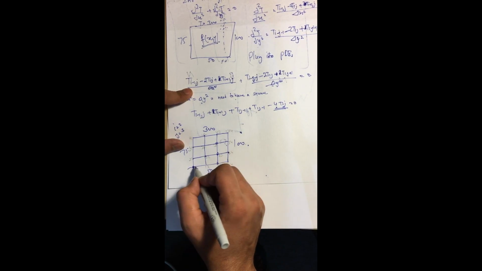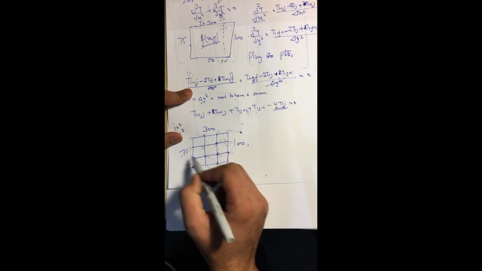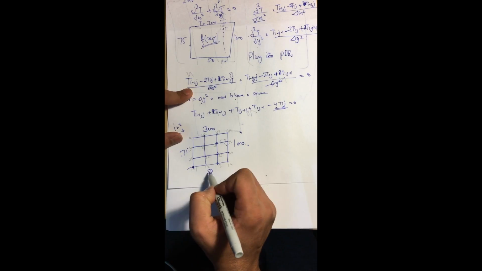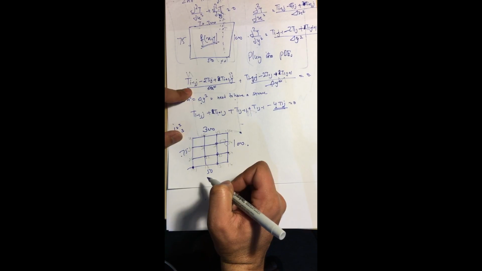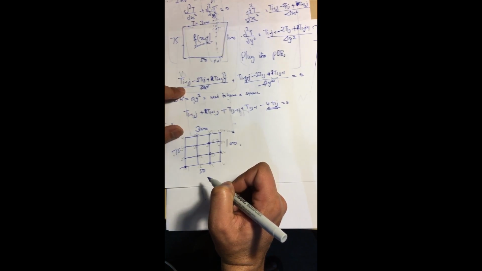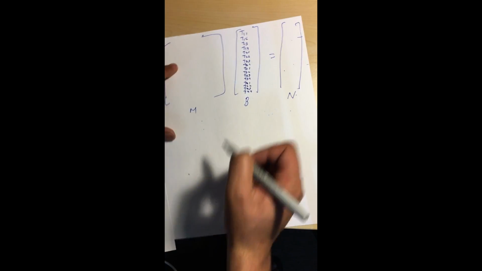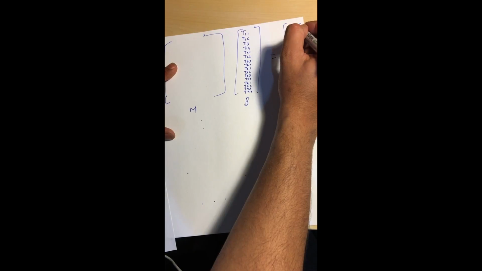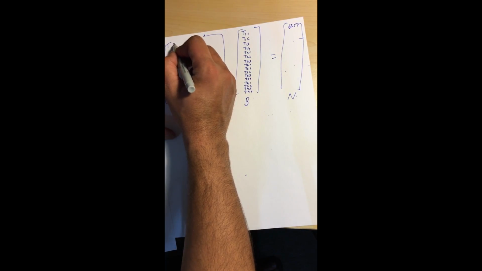It is half of 75 plus half of 50, so it's 62.5. Let's take it as 62.5, and the rest of the things are 0.